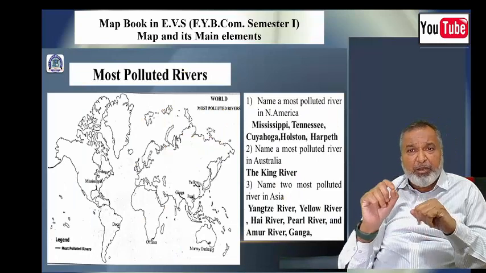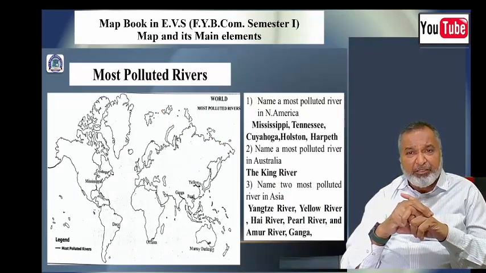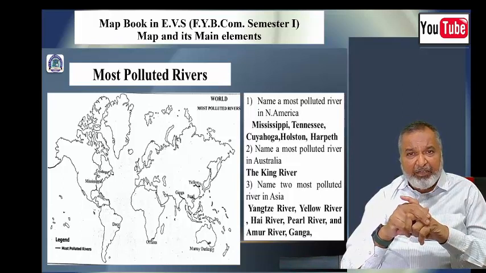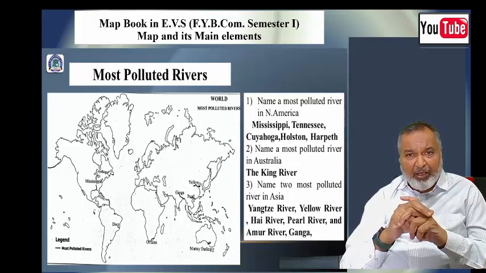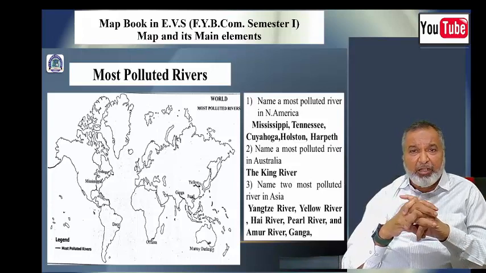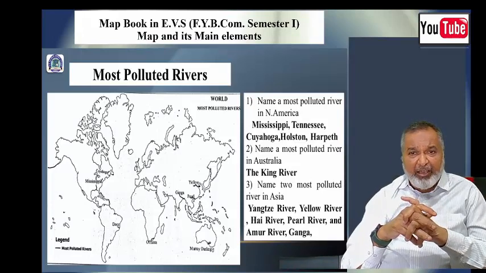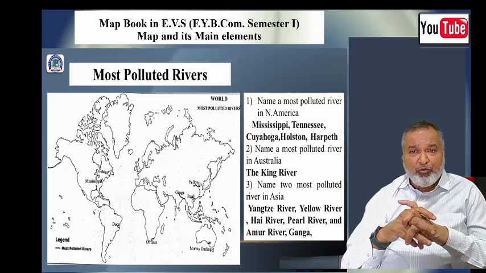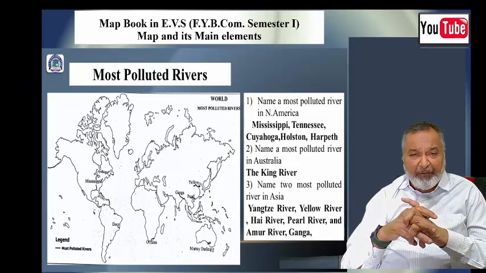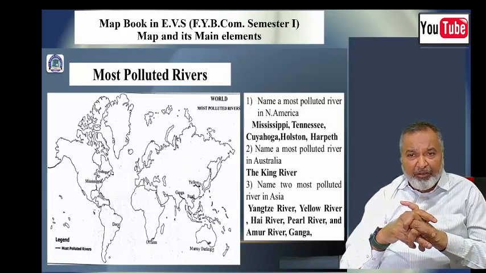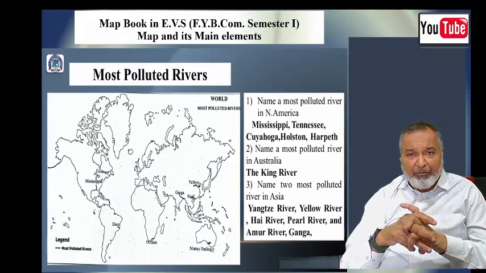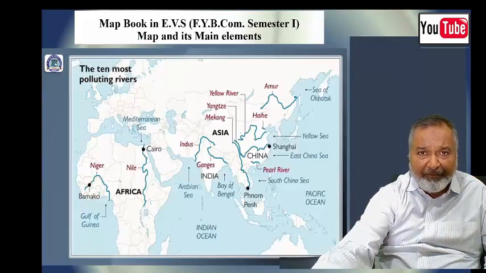Name the most populated rivers in North America: Mississippi, Tennessee River, Cuyahoga, Holston and Harpeth. The most populated river in Australia: the King River. Name two most populated rivers in Asia: Ganges River, Yellow River, Hai River, Pearl River, Amur River and Ganga.